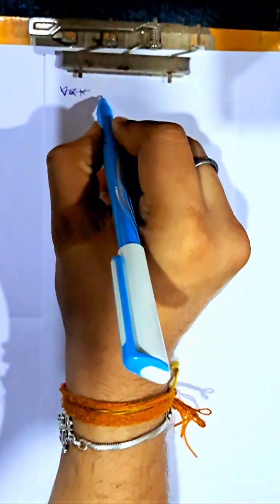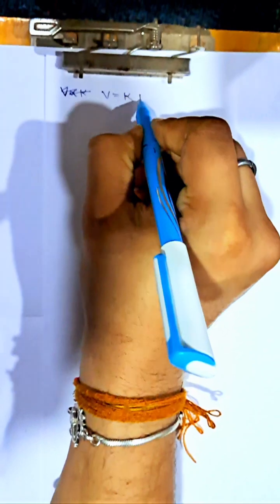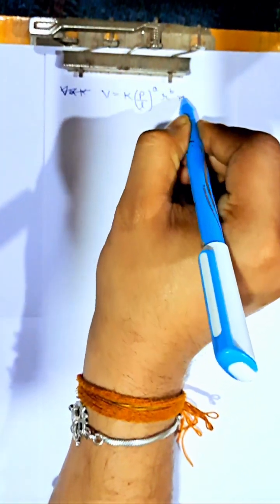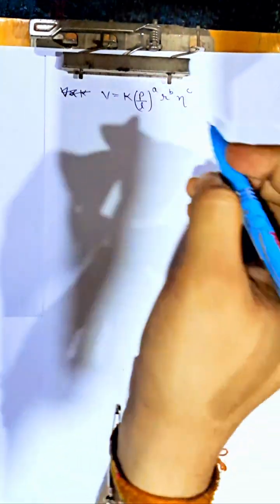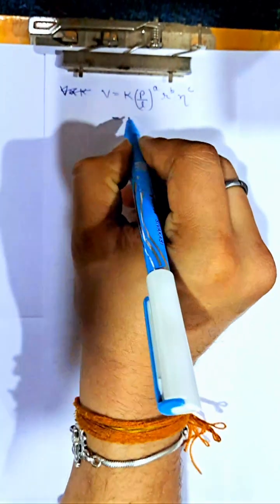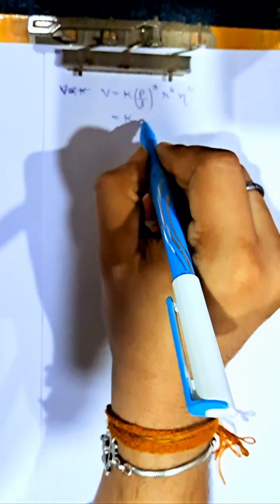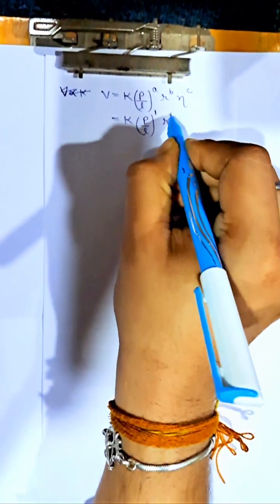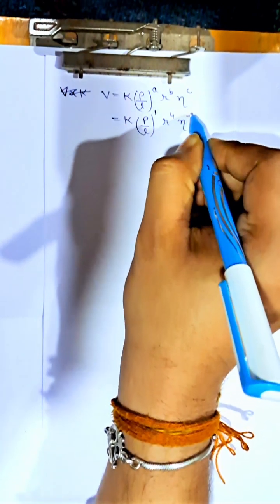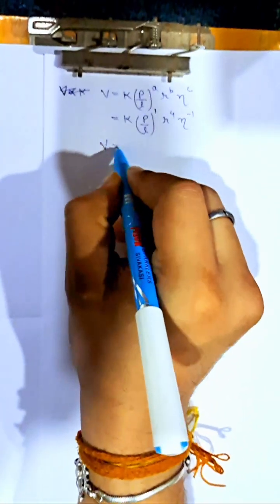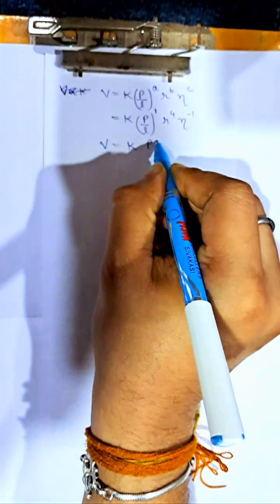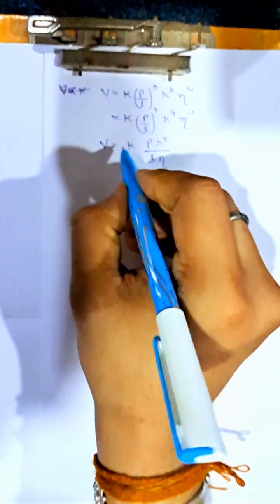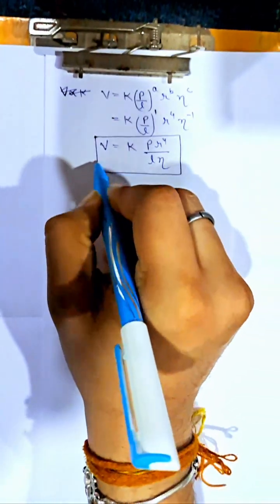So V is equal to K (P by L)^a R^b eta^c, putting the values here: 1, 4, and eta is minus 1, and hence V = K P R^4 / (L eta). So this is how you will derive the equation.